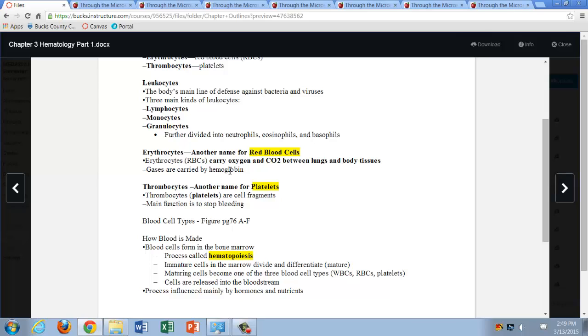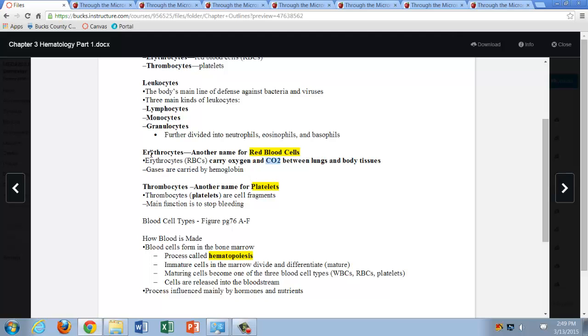If he or she was low in iron, then the hemoglobin result, when the doctor ordered a hemoglobin blood test, which we'll be doing in our laboratory, was low. If hemoglobin is low, then the patient isn't getting enough oxygen to their cells, and carbon dioxide isn't being transferred back to the lungs and exhaled out. So those are not good things.